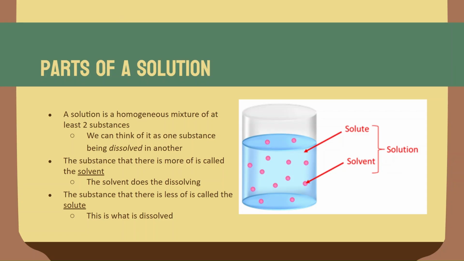The substance that we're dissolving into our solvent, the thing that is being dissolved, the thing that there is less of, is called my solute. Thinking back to that Kool-Aid analogy, if I'm dissolving Kool-Aid into water, my Kool-Aid is my solute and my water is my solvent. And then my delicious Kool-Aid beverage, that's my solution all together, all mixed together.